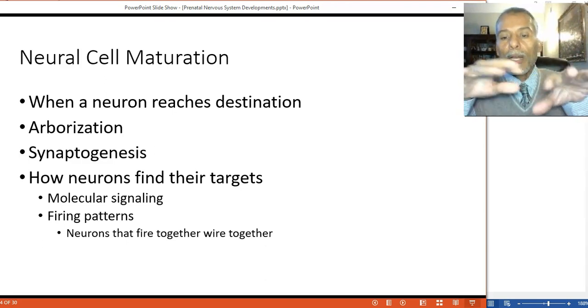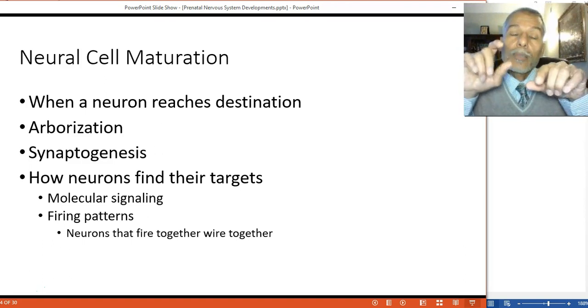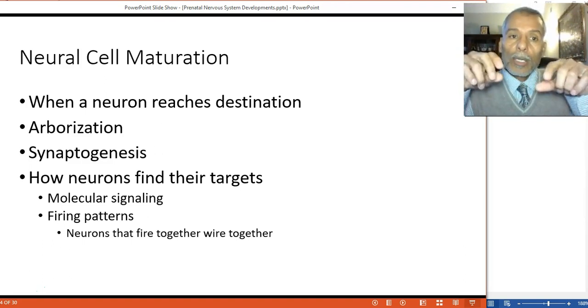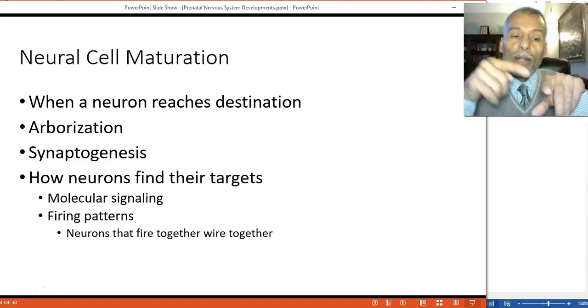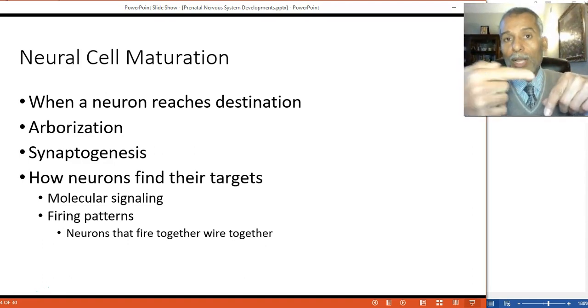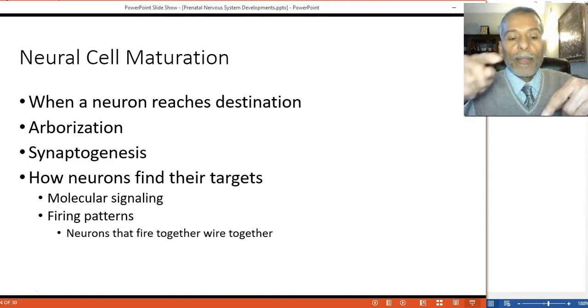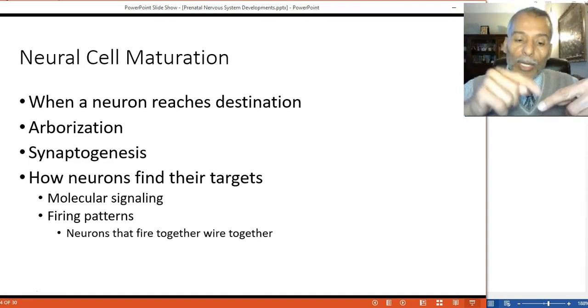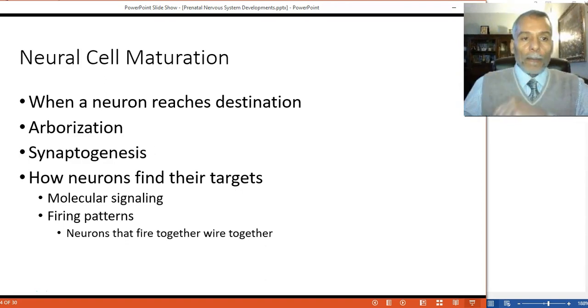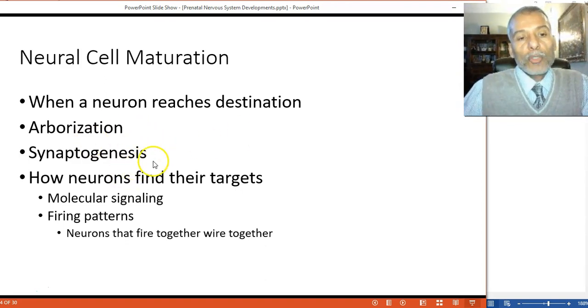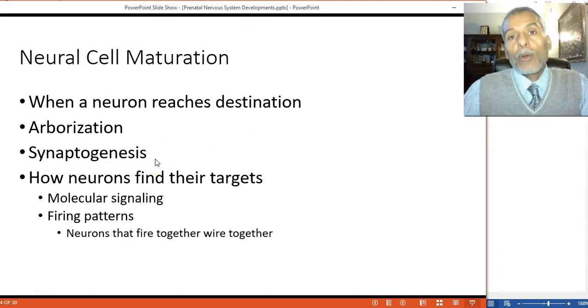As they fire, they are guided by special molecules in them that are able to identify not only the target neuron that they are going to connect on, but the exact spot that is most appropriate for them to connect on. So synaptogenesis is the formation of new synapses with other neurons.